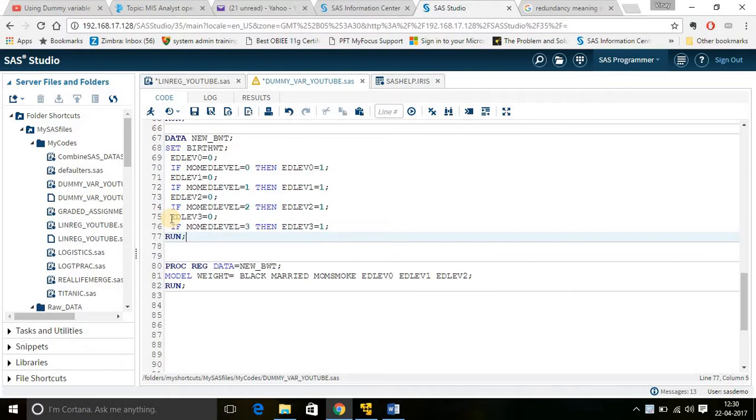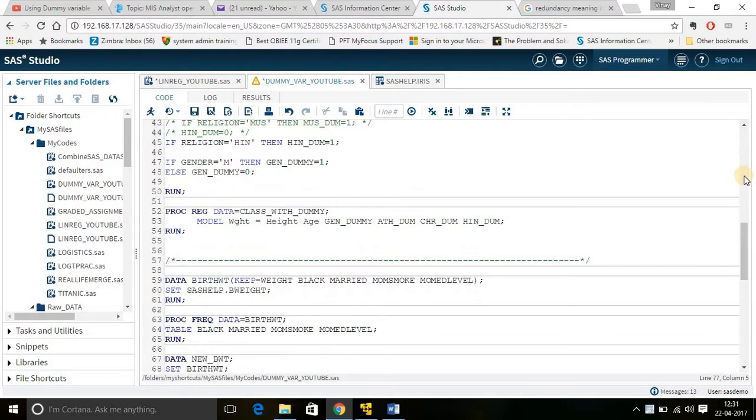If there are three categories, we need only create two dummy variables, and if there are, let's say, 10 categories, we can create 9 dummy variables. So all in all, the point is the number of categories there are, you always create one less dummy variable than the categories.